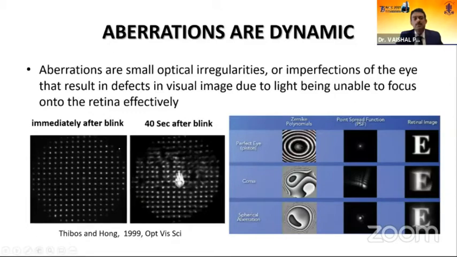Just to give you an example, this is immediately after a blink and 40 seconds after a blink. You can see the distortions occurring in the aberrations. So really, measuring these aberrations is very, very difficult. What we can do is mitigate them to a level at which they are not significant.